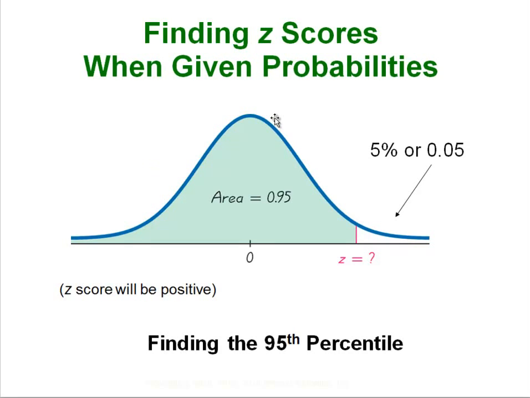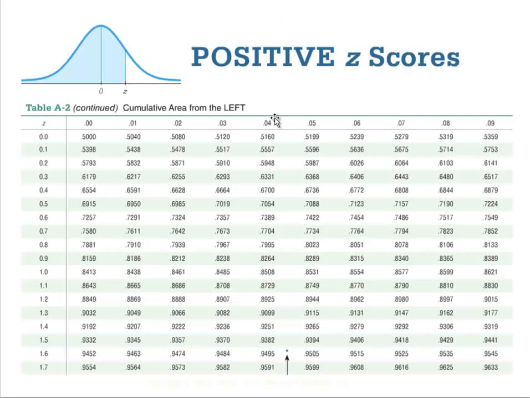So here's the question. What z-score puts us in the 95th percentile, i.e. what z-score puts 95% of the area below us, and thus 5% above. Now you could look it up in the table. You could go to the table and start looking through all of these things and try and find where is 95, and you go, well, here's 0.9495, here's 0.9505.